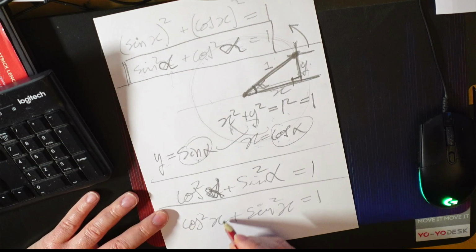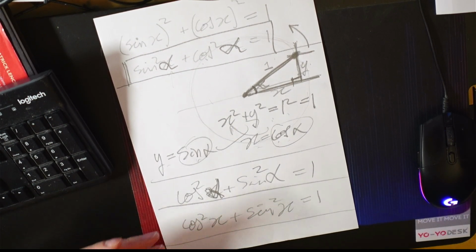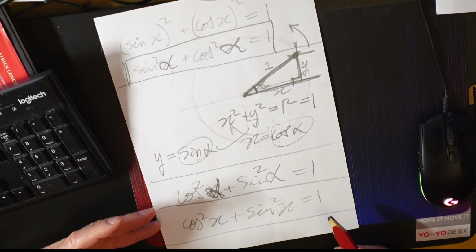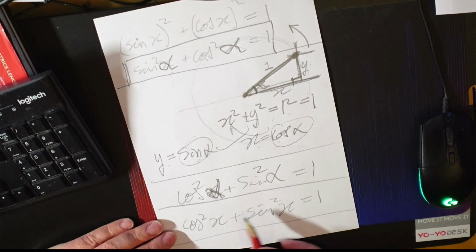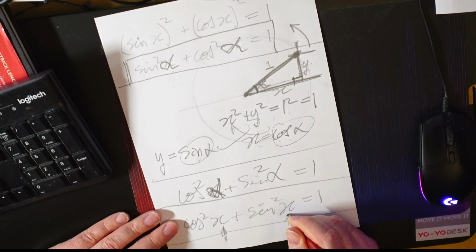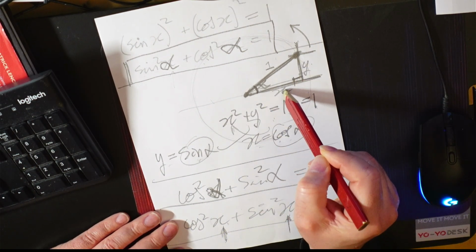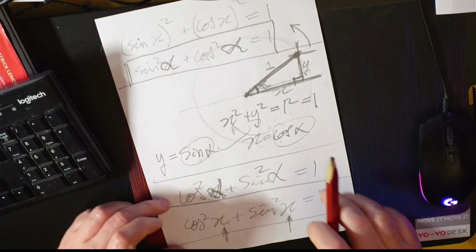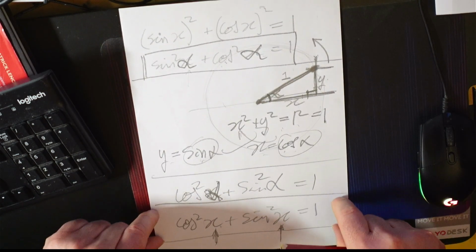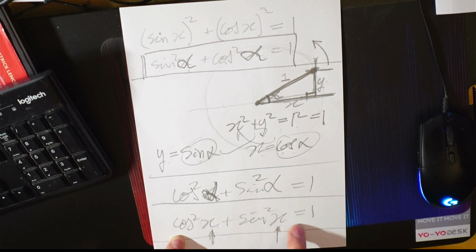The reason they use x is you could use any letter, and very often when people write formulae or equations down, they use x to represent the thing that varies. So that can cause confusion if you're thinking, well, it's not this x. This is why I drew the line. It's cosine x squared plus sine x squared equals 1.